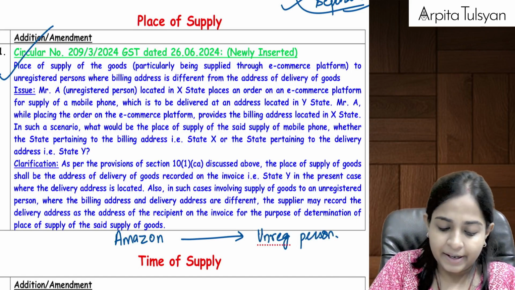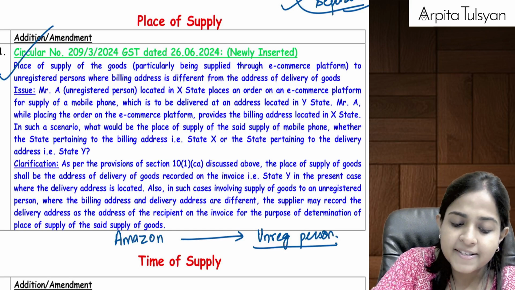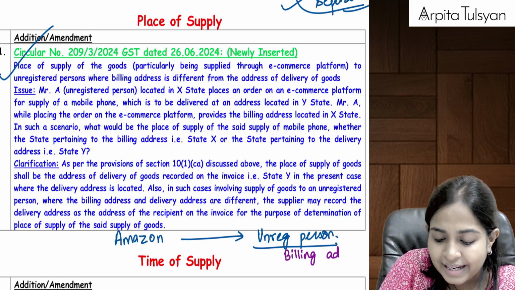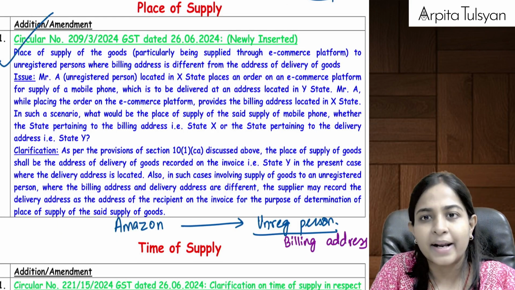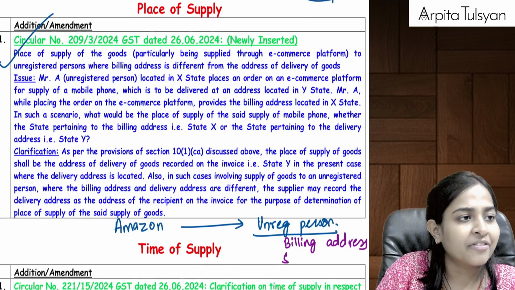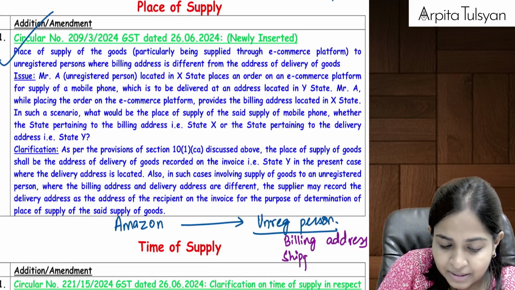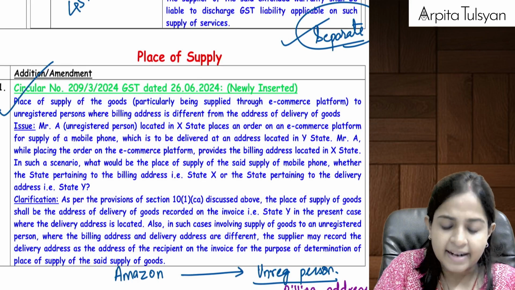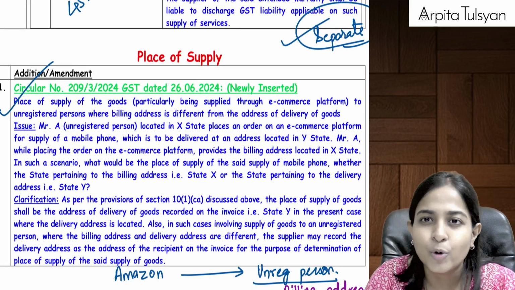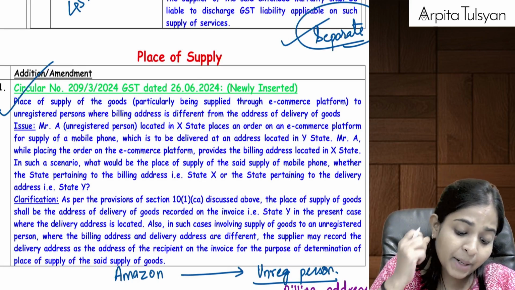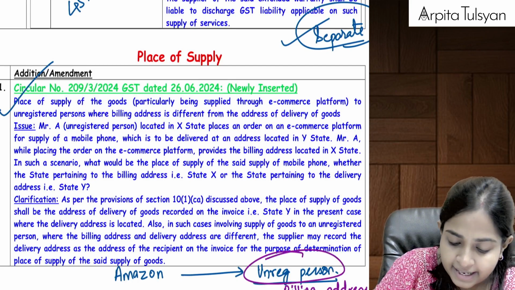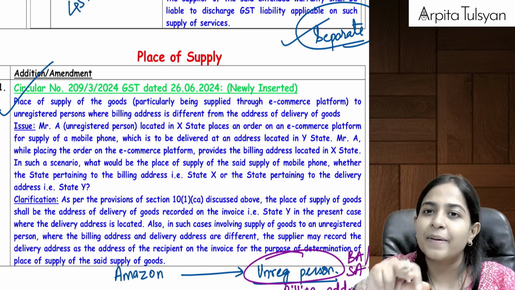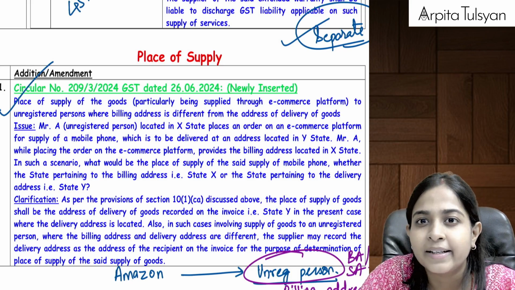On Amazon you must have seen there are two options. One is the billing address, which is generally permanent in my profile, and another is the shipping address. Have you noticed this? Now, can billing address and shipping address be different?